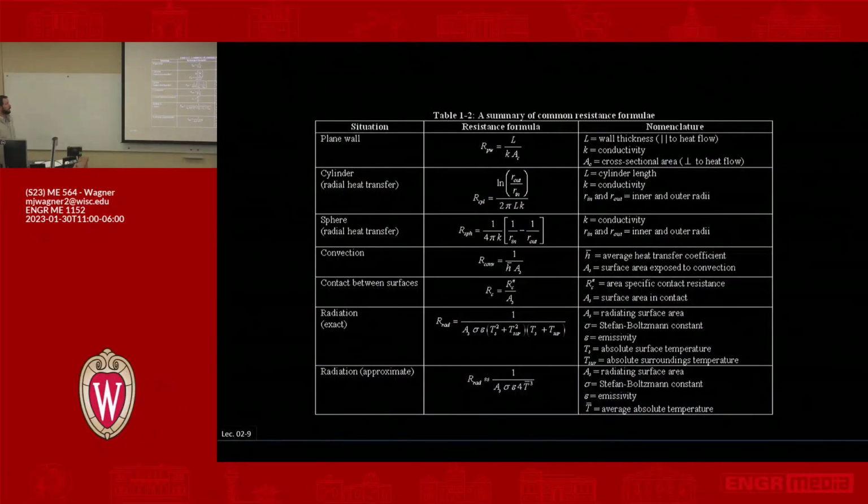Okay, just to recap where we stand, we've now gone through a bunch of different resistance formulas, and the idea is that we now have what we call a conceptual toolbox for how you're going to approach heat transfer problems. Every time you sit down, you need to figure out: do I need to model this as a 1D problem? Do I need to model it as a 2D or 3D problem?